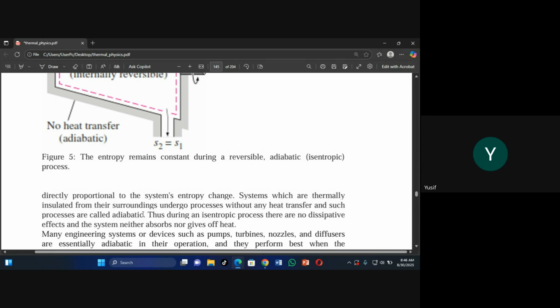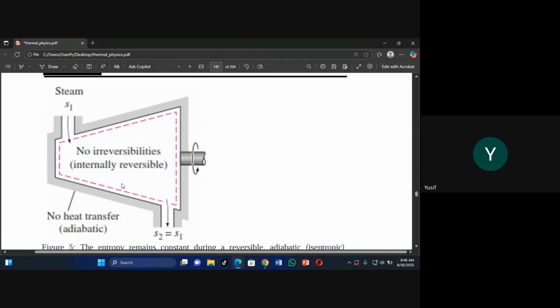So if there is no heat transfer, as we stated already, during an isentropic process there are no dissipative effects, and the system neither absorbs nor gives off heat. So when we are talking about this system as an adiabatic and isentropic process, it means this system does not dissipate heat.